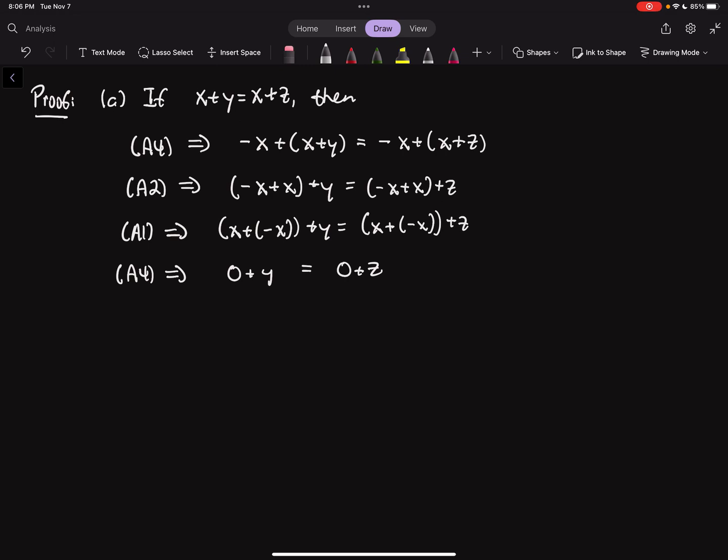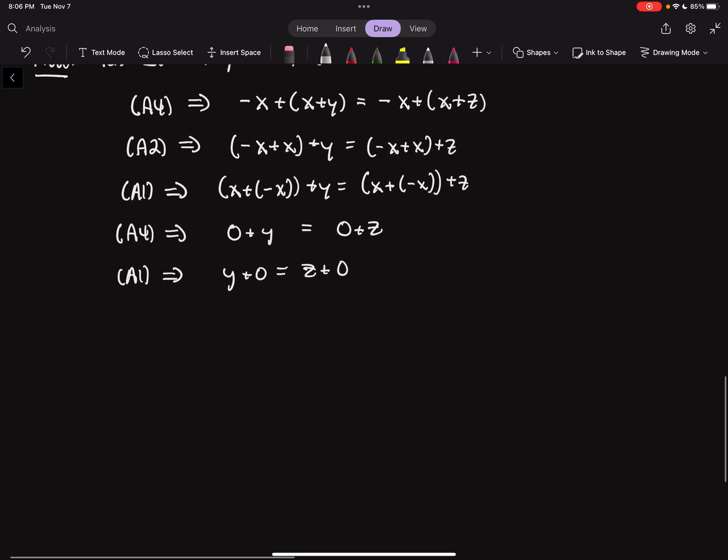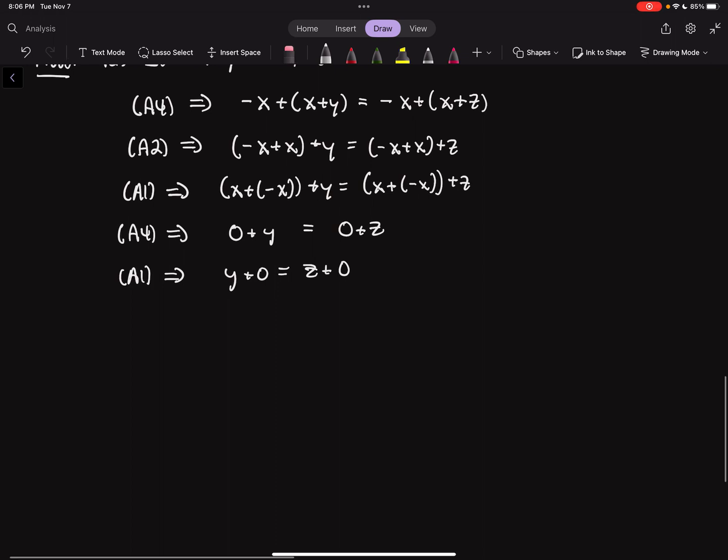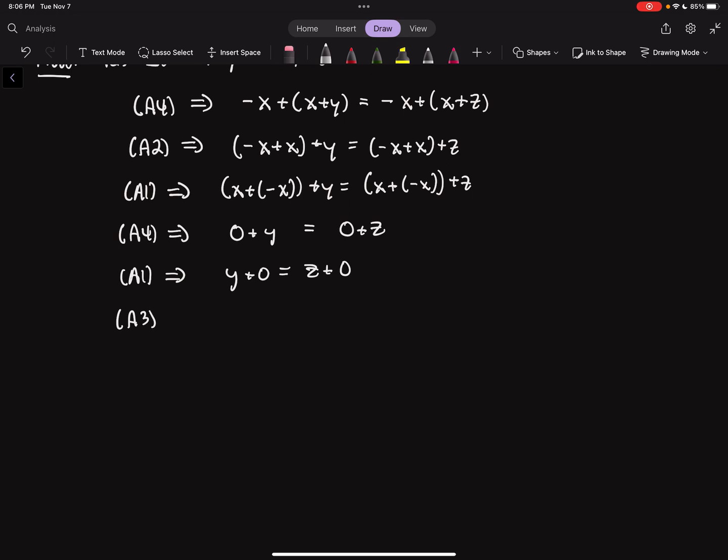So we use commutativity once more. y plus 0 equals z plus 0. And now we can use the fact that any number plus 0 is just that number. And that's A3. So we can drop these zeros at last.